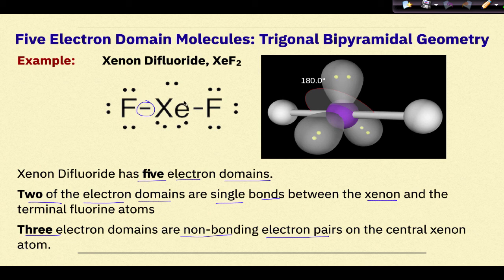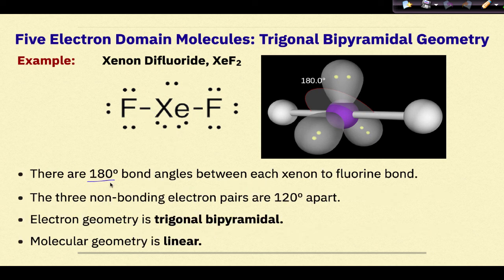So 1, 2 for our single bonds, and then 1, 2, 3 for our non-bonding electron pairs. There are 180-degree bond angles between each xenon to fluorine bond. The 3 non-bonding electron pairs are 120 degrees apart. The electron geometry is trigonal bipyramidal, and the molecular geometry is linear.